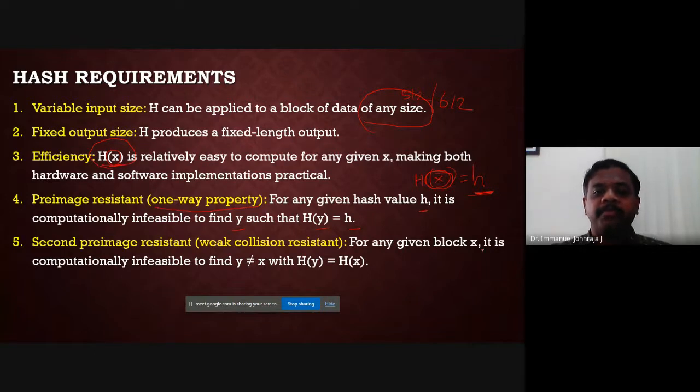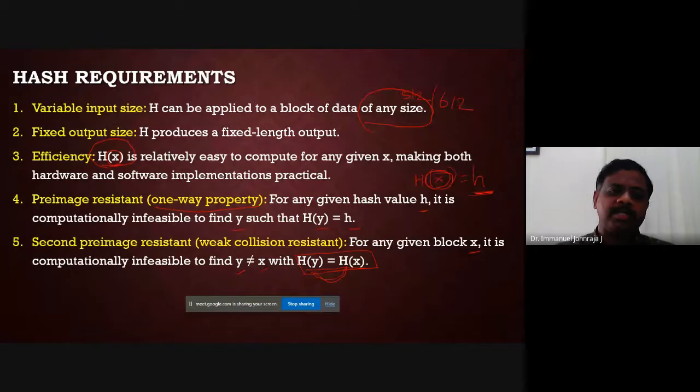For any given block X, your original message, it is computationally infeasible, very difficult, to find another message Y, not equal to X, such that H of Y is equal to H of X. Which means you cannot find another message Y such that the two produce the same hash value.